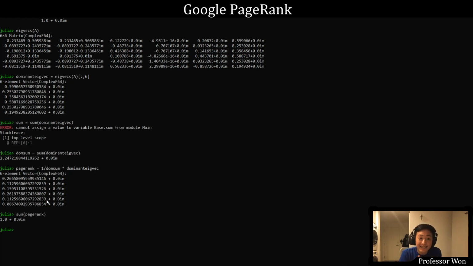But the idea is one that we can totally understand. We just assume that we have a population of people randomly distributed that randomly click links, and where they accumulate, they should accumulate at more important or more relevant pages.